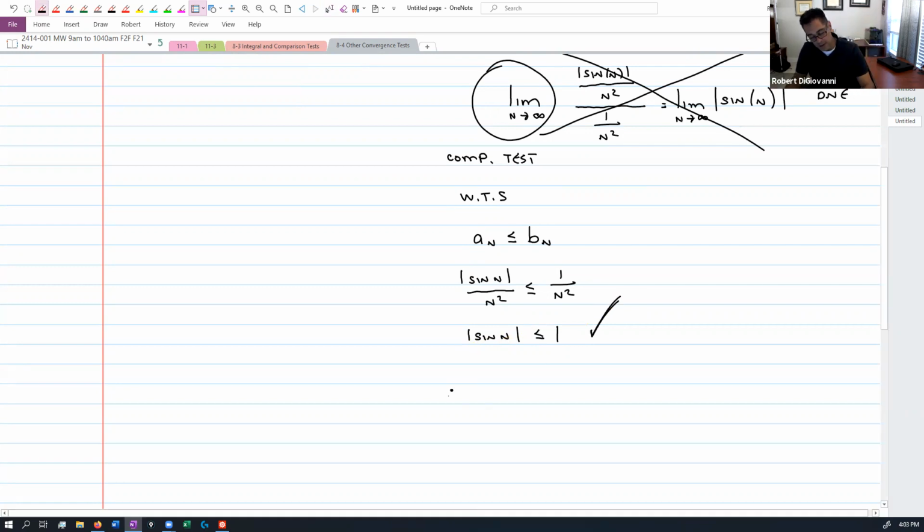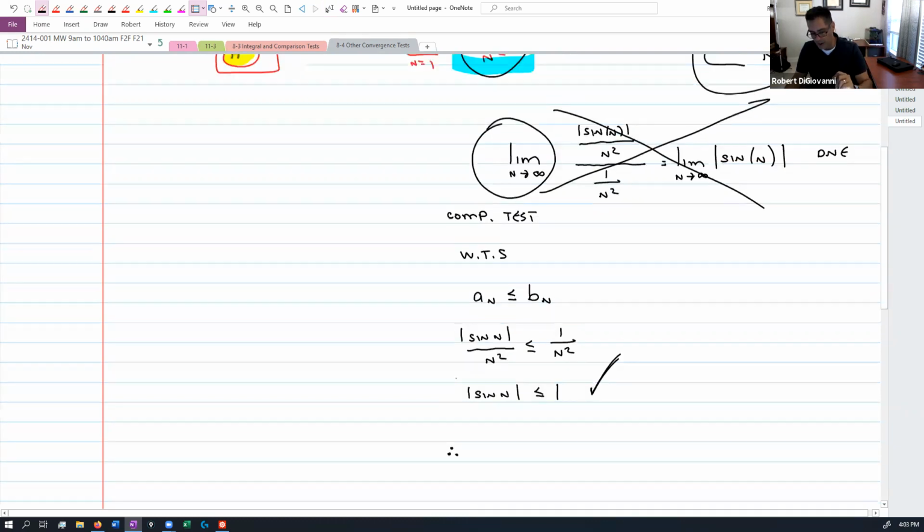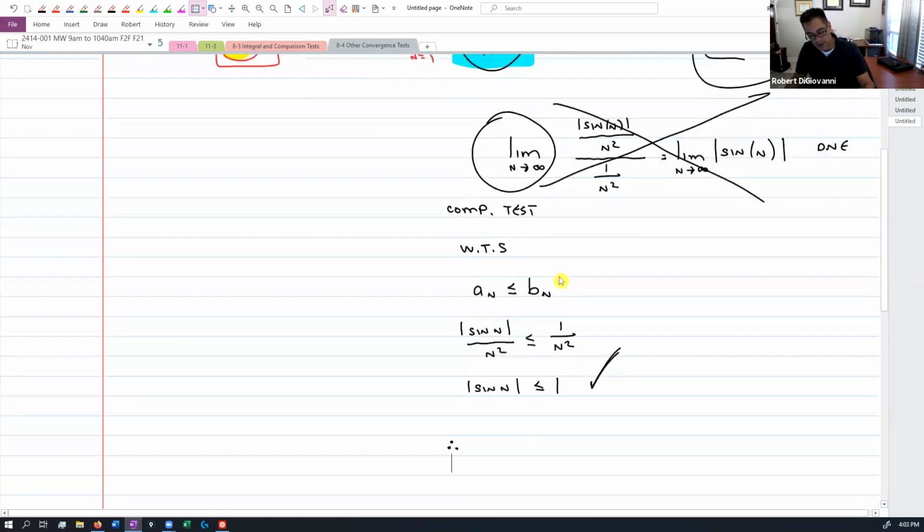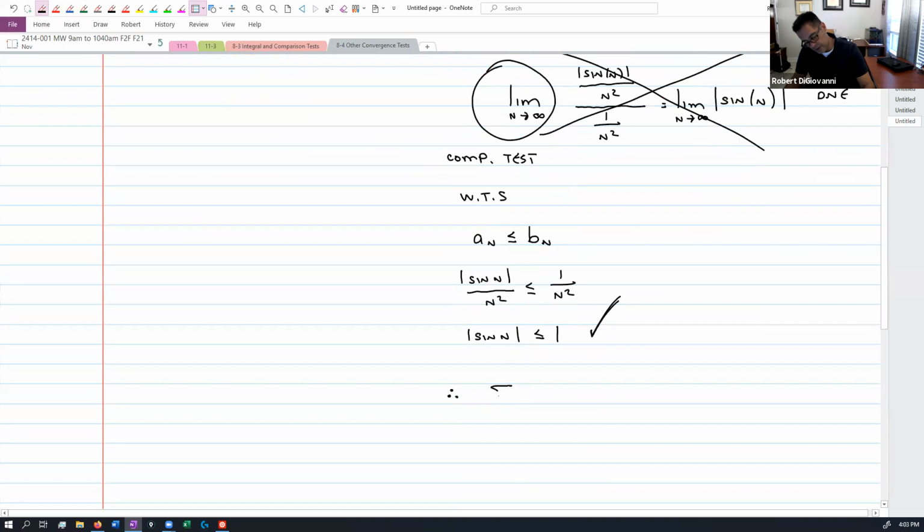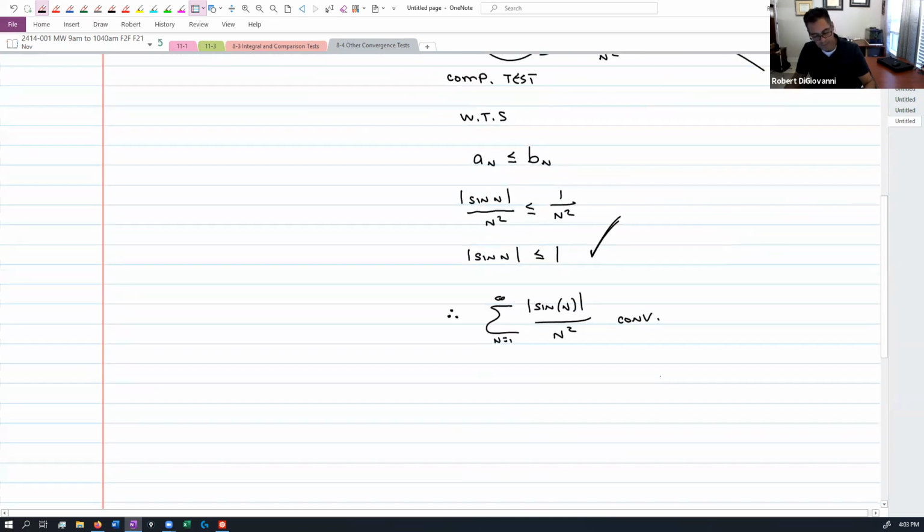So therefore, by the comparison test, not limit comparison because it didn't work, this series, the absolute value of sine of n over n squared, converges. But now what we can say, by the theorem, is that the original series, before we took the absolute value, must converge.